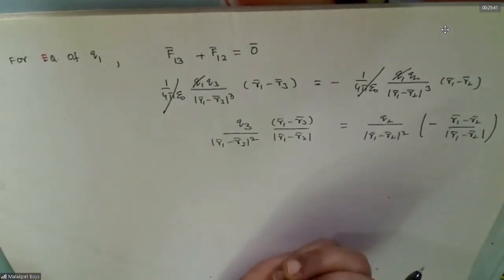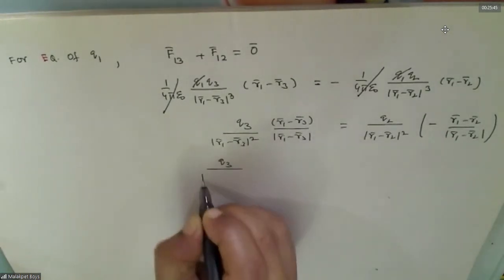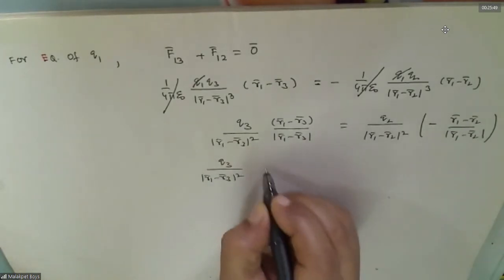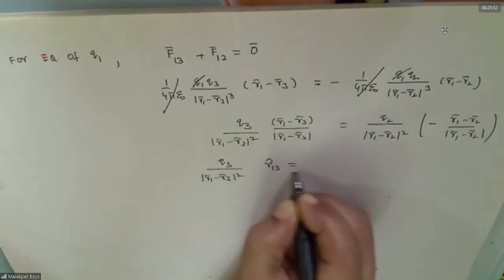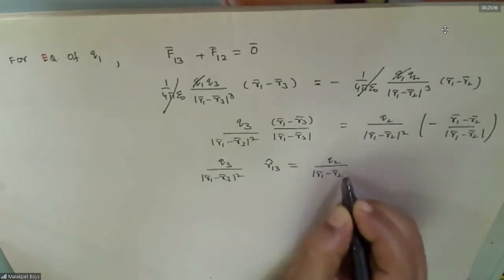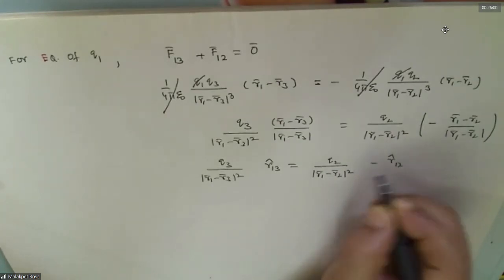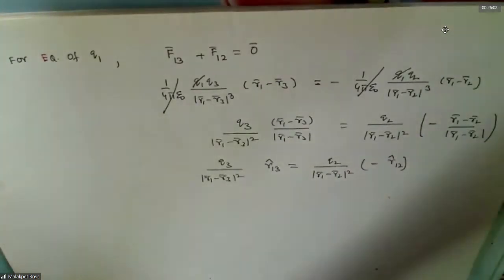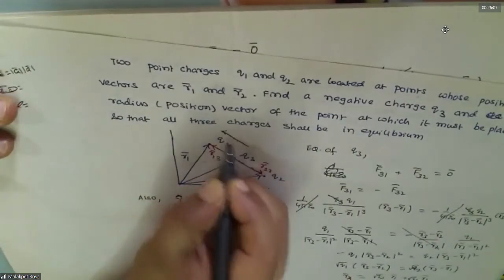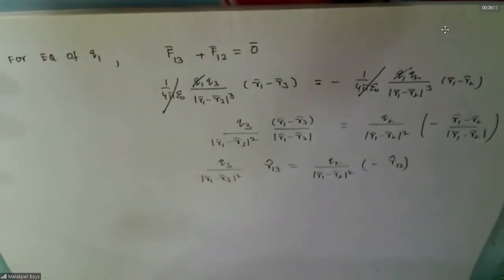Now see, the prudence you should use here is you can check this. This is R13, no? R1 with respect to 3.